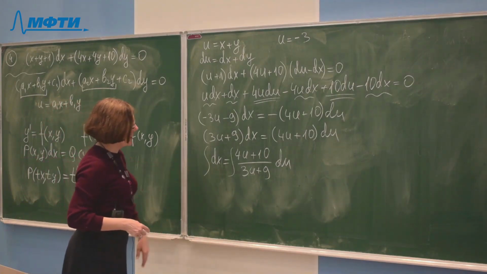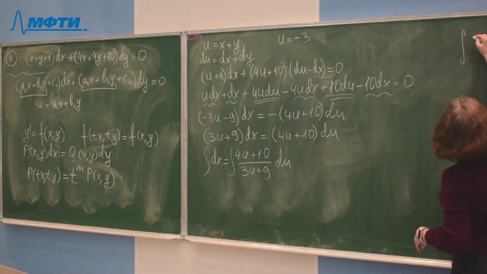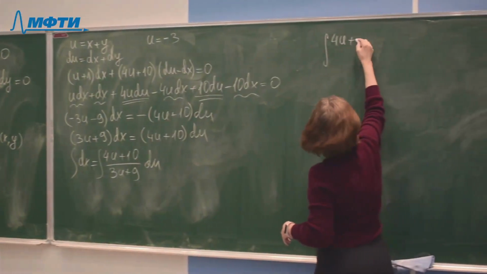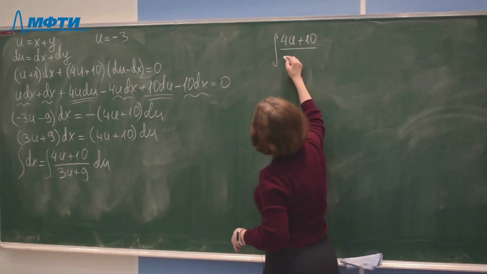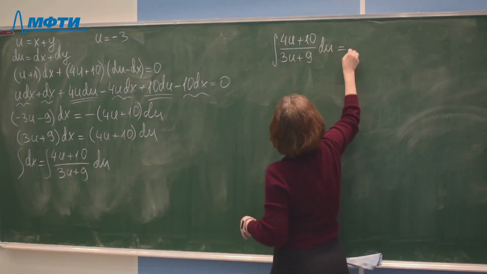Let's integrate. How to compute the integral of (4u + 10) over (3u + 9) du?